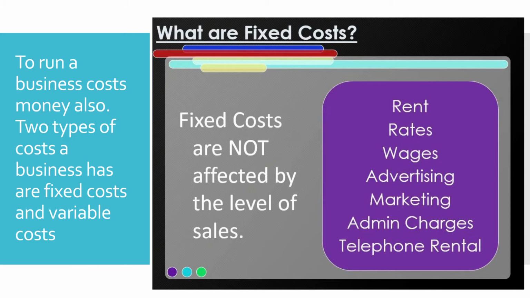Firstly, fixed costs are costs that are not affected by the level of sales, so they remain the same no matter what. Examples of these costs could include rent, rates, wages, advertising, marketing, admin costs, and telephone. All of these are just examples of different expenses that a business could have.